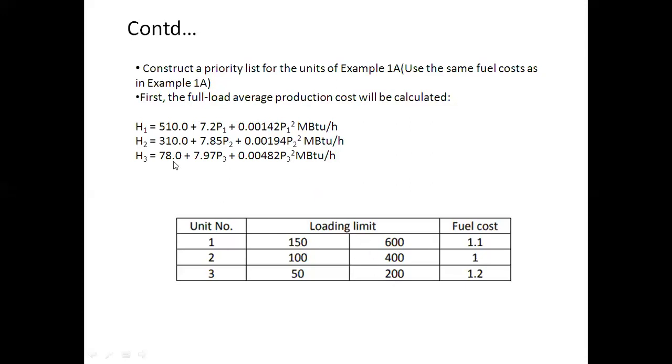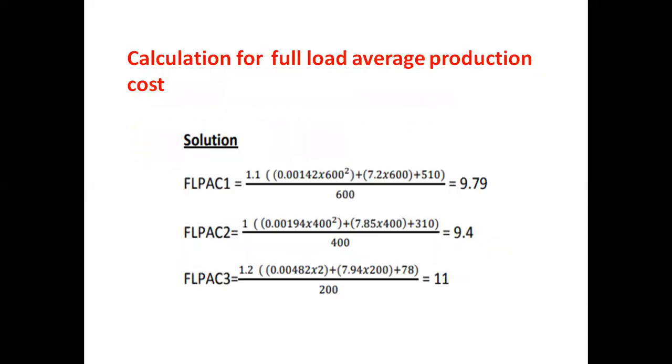It is multiplied by 1.2, the fuel cost: 1.2 into 7.80 plus 7.97 into 200 plus 0.00482 into 200 square, divided by 200, and we get the average full load production cost of 11. So for the 3-unit system, we have seen 3 different values of average full load production cost.